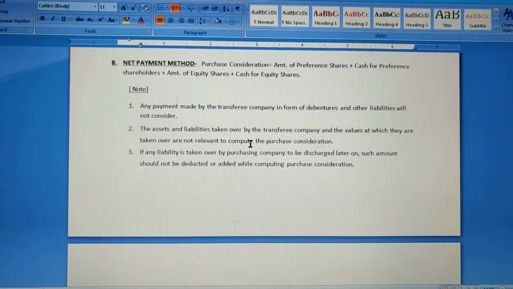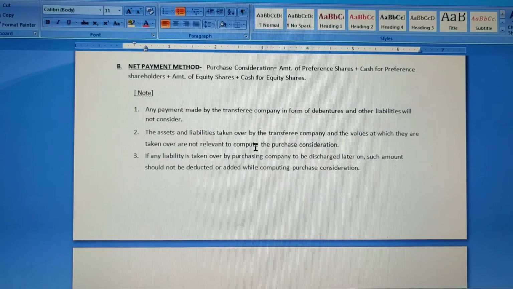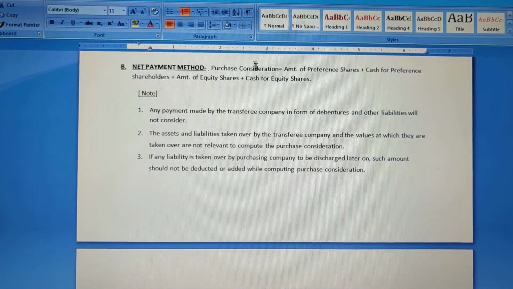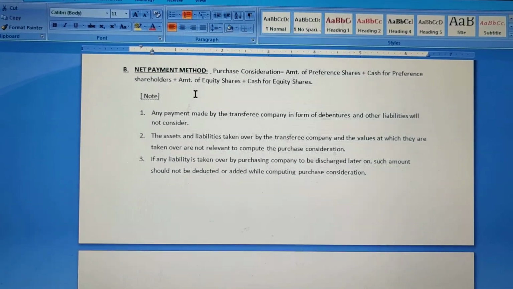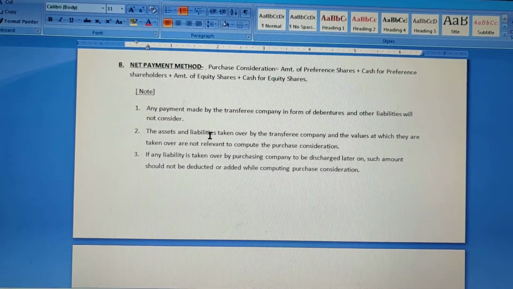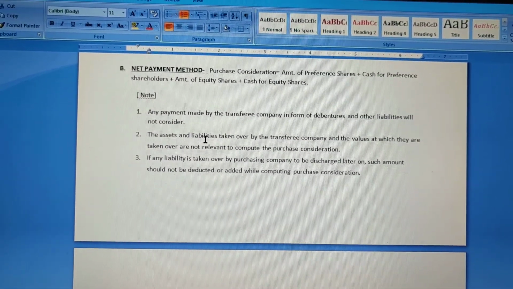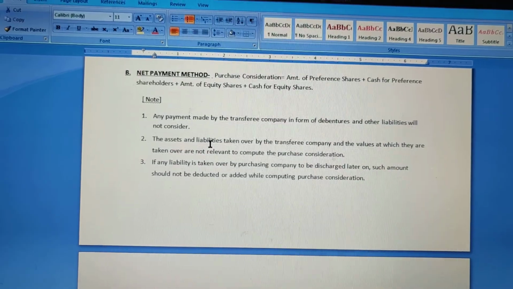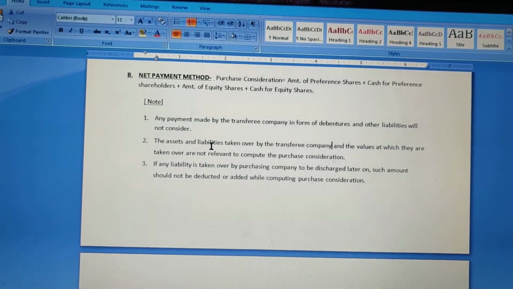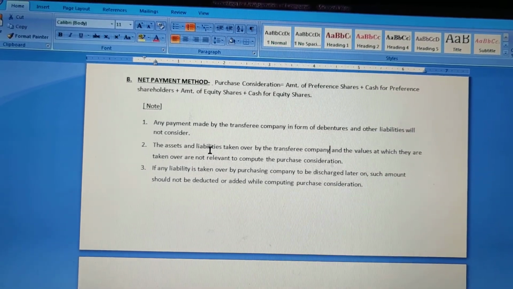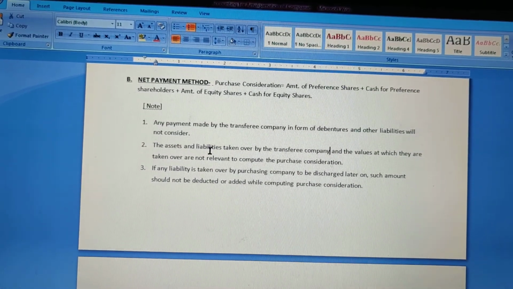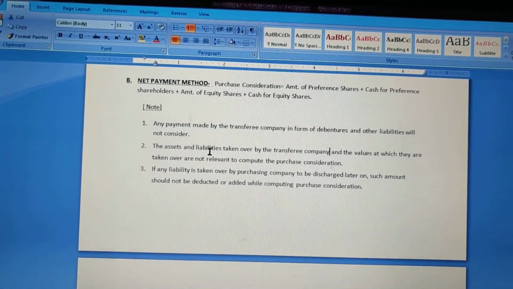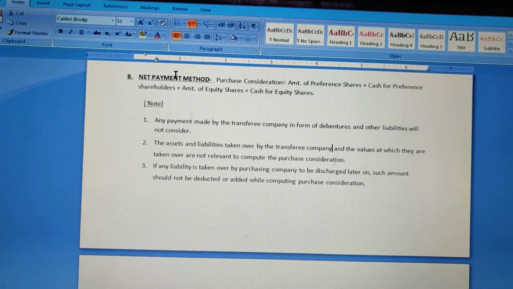So you don't have to consider it if you are calculating your purchase consideration by the net payment method. That will be considered in the next method. We will discuss the net assets method, where the agreed amounts of particular assets and liabilities you have to consider in your calculation, in the net assets method and not in the net payment method.